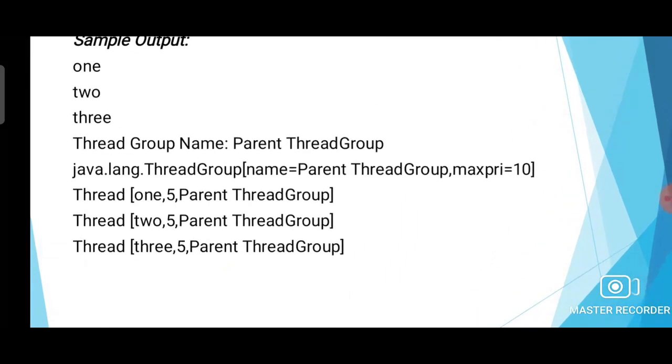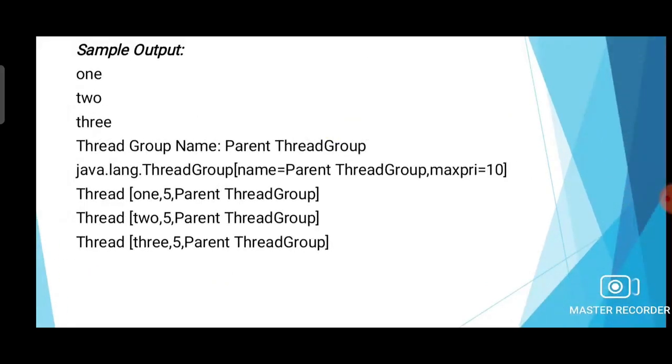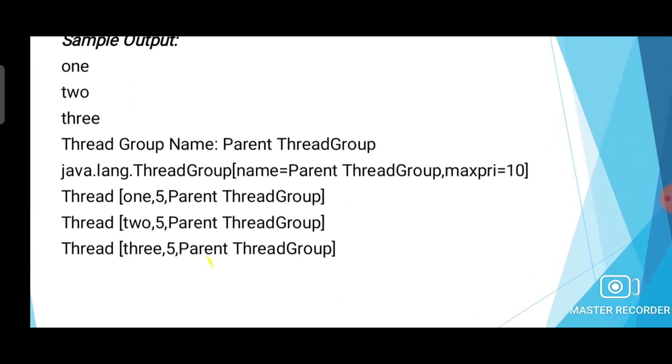So we will get the output for the above program in this manner: 1, 2, 3. These 3 are the names of the threads. When we start the individual threads, as a result of the run method, we are getting the names of the threads 1, 2, 3. Then after that, when we print the name of the thread group, we are getting the name parent thread group.